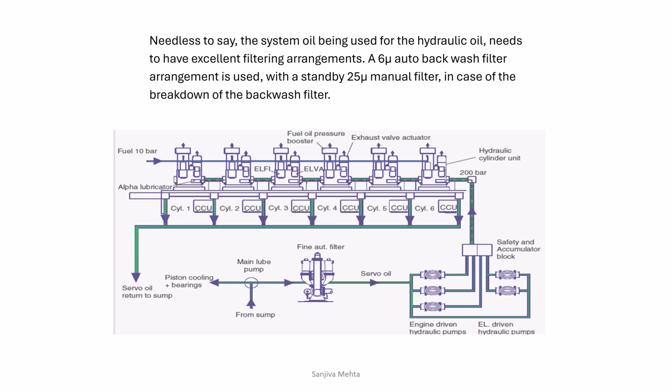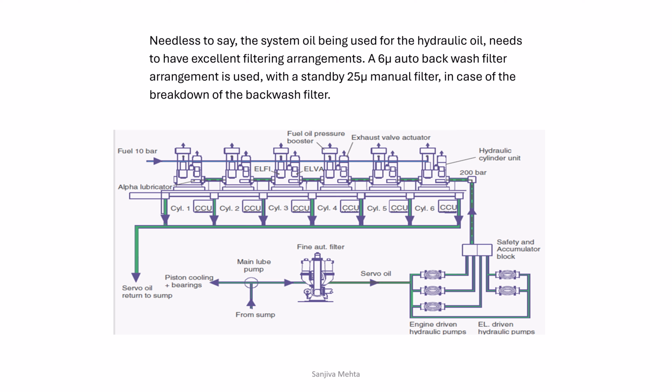But that is only for temporary purposes. It is a temporary solution, and meanwhile you must rectify whatever the fault is and make the backwash filter work, because the 6 micron filter must be working. Cleanliness has to be maintained. So one side goes to the cooling and all, and the other side, after the filter, goes to the servo oil, or hydraulic oil.